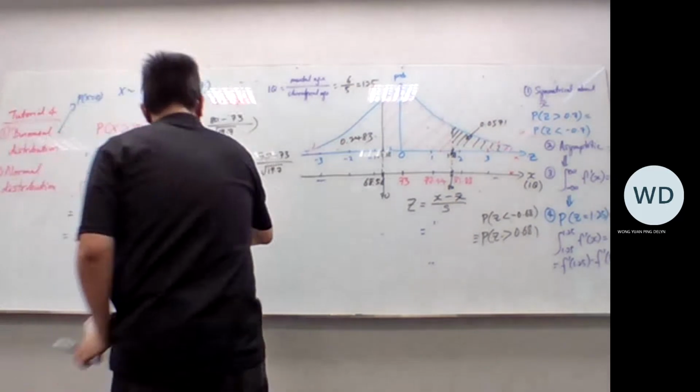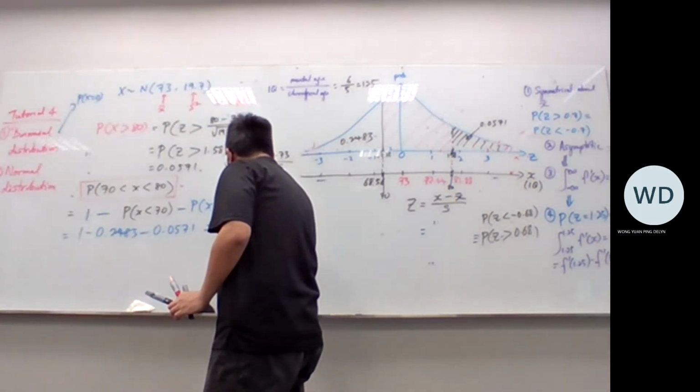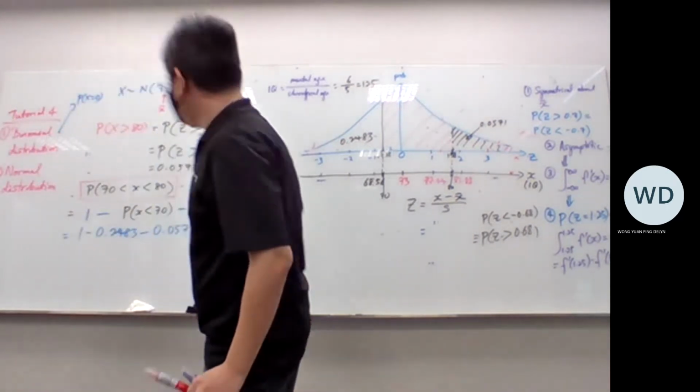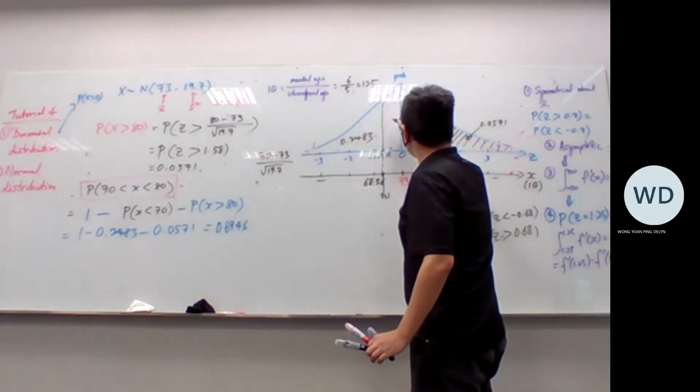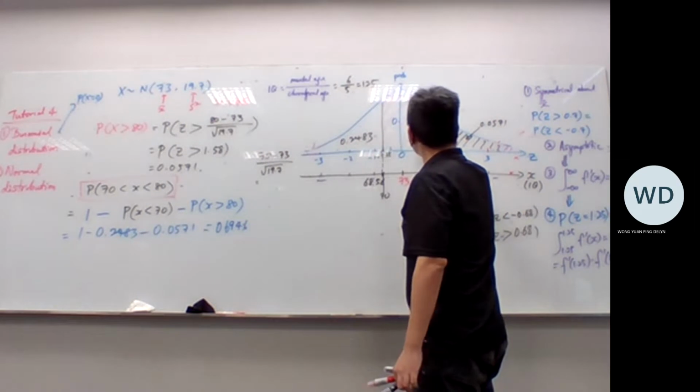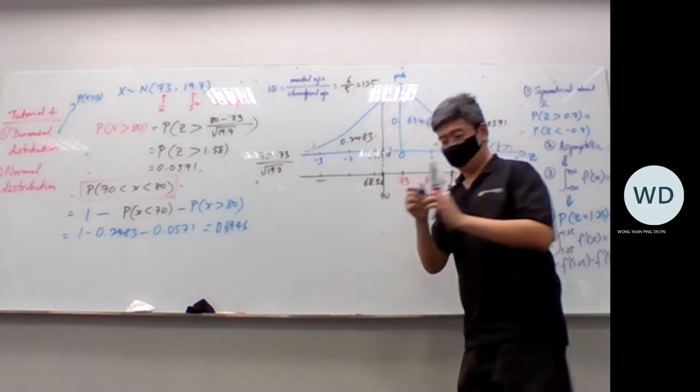That gets you 0.6946. So the area here is 0.6946.